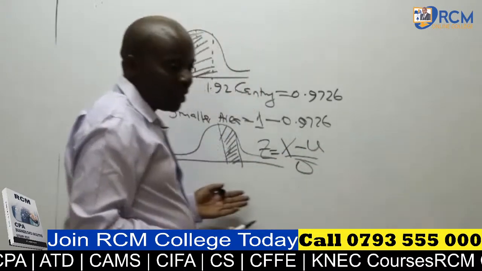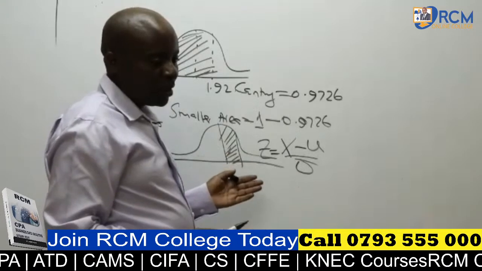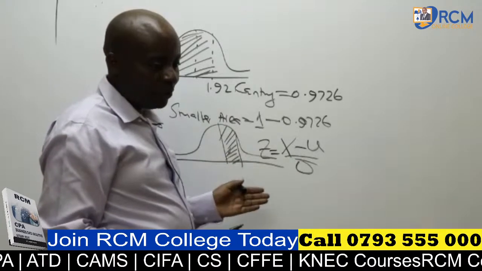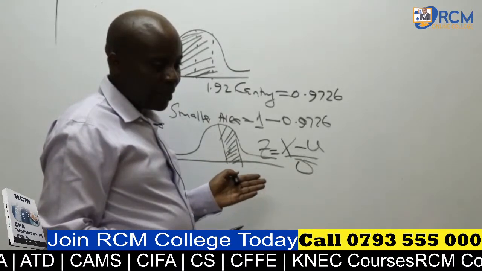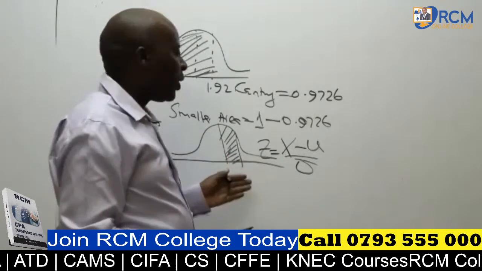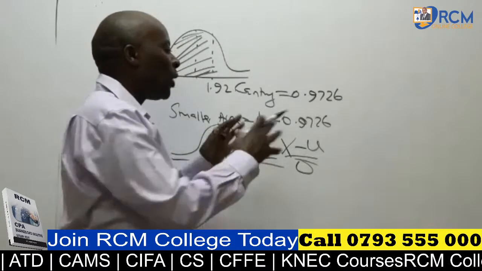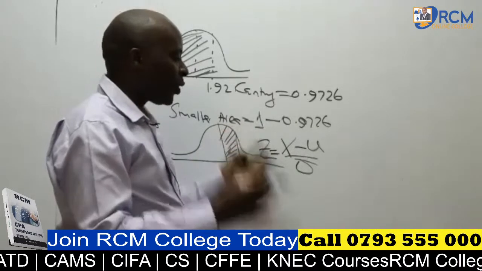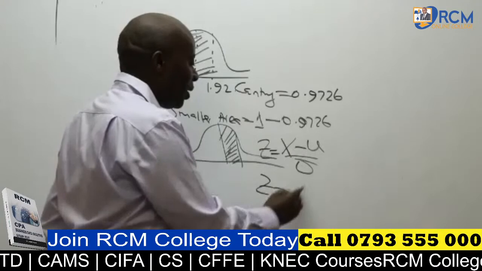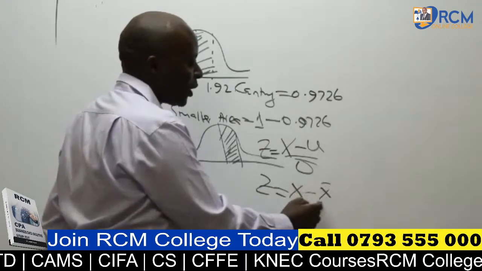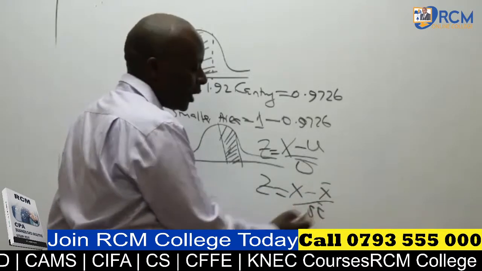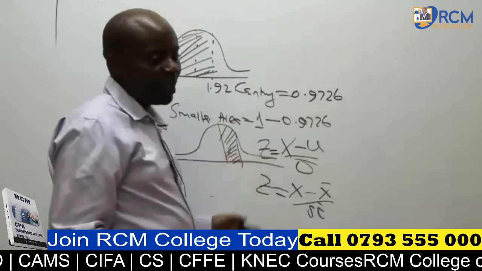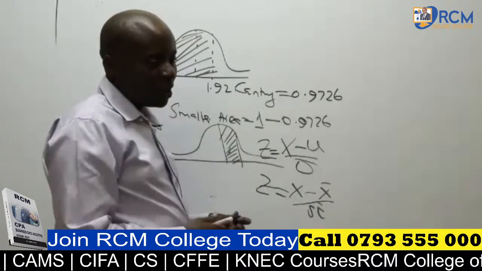But when you want a sample probability, when you are doing hypothesis testing, then you say Z equals X minus X bar divided by the standard error. But these are too detailed for you.